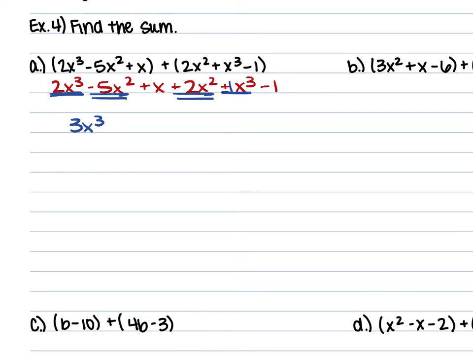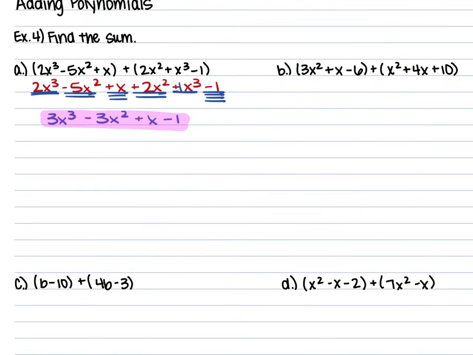Negative 5x squared plus 2x squared is negative 3x squared. Next, we have that x. And lastly, we have that negative 1. So we just have 3x cubed minus 3x squared plus x minus 1.